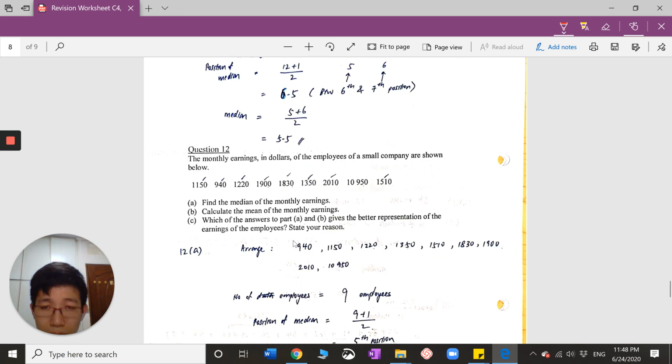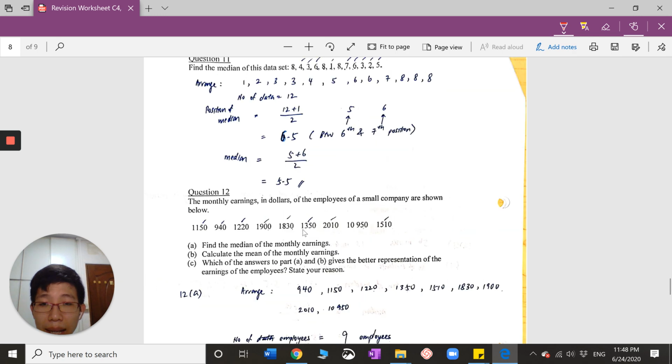The last part over here, they say compare answers with part A and B. Which one will give a better representation? So in this case, the answer will be part A. Because we notice that there's an extreme value over here, which is 10,950 as the earning of a person, while the rest are all in the lower range, between around 1,000 to 2,000.